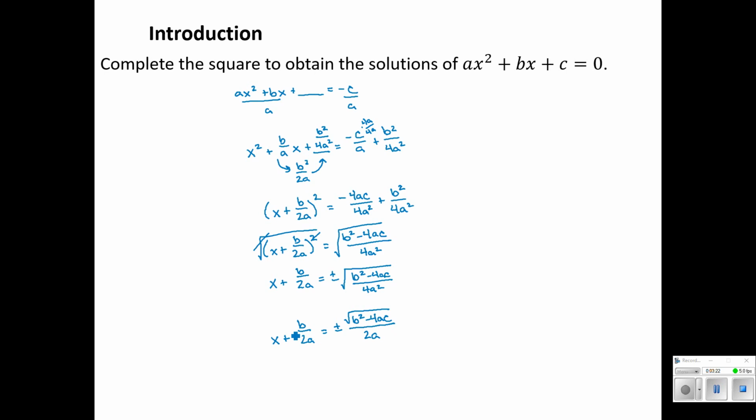Oh, and this works out perfectly. We can subtract over our b over 2a from both sides, and they have common denominators. So I get x equals negative b plus or minus the square root of b squared minus 4ac all over that common denominator of 2a.